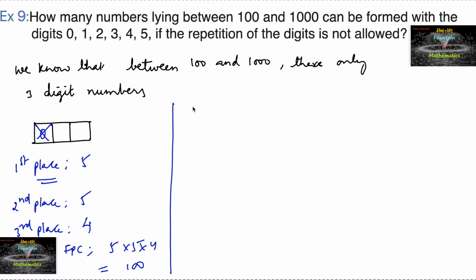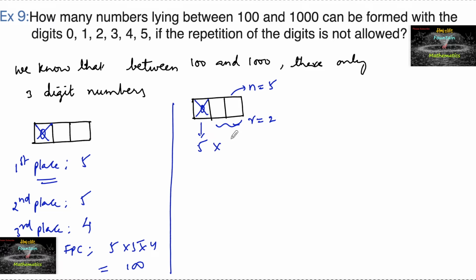Now let us use the nPr formula in the same way. Here 3 digits are required, in which 0 cannot be occupied in the first place, so the first place can be filled in 5 possibilities. For the remaining two digits, among the remaining digits, n is equal to 5, and the number of things taken at a time is 2.